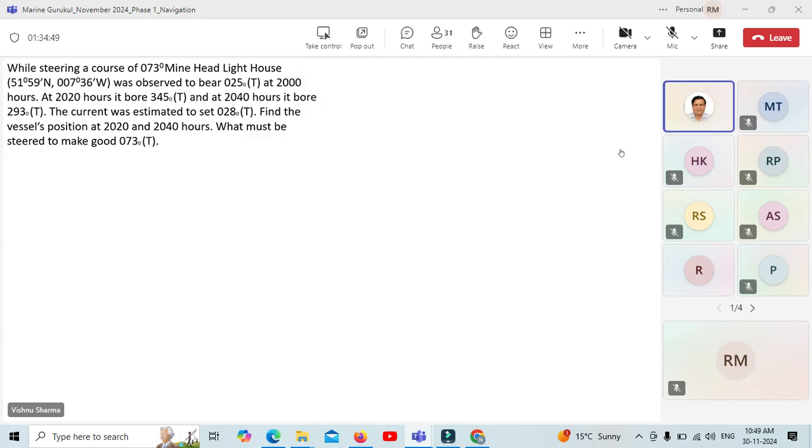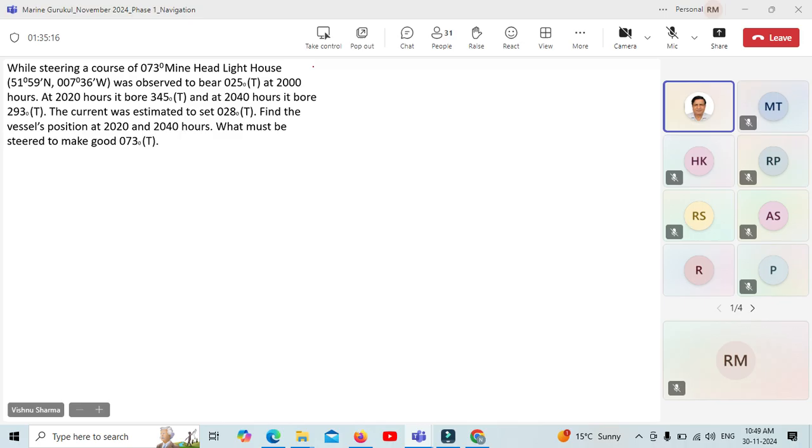I think this must be a doubt question people would have come with. They are all Minehead bearings, right? Yes, sir. All 3 from the same point. So this is a 3-point bearing question, guys.